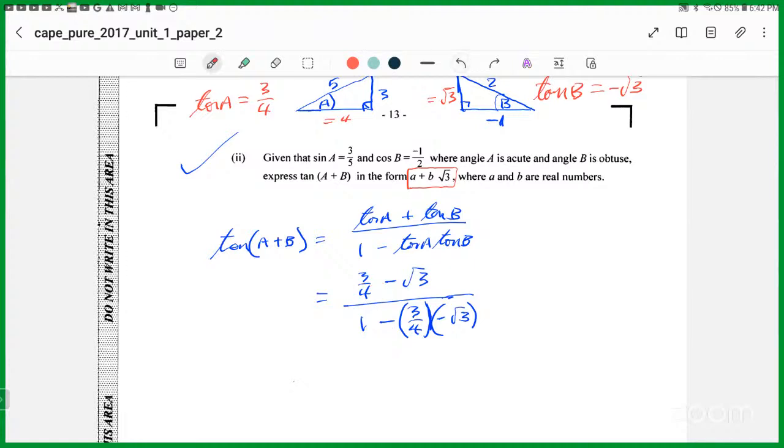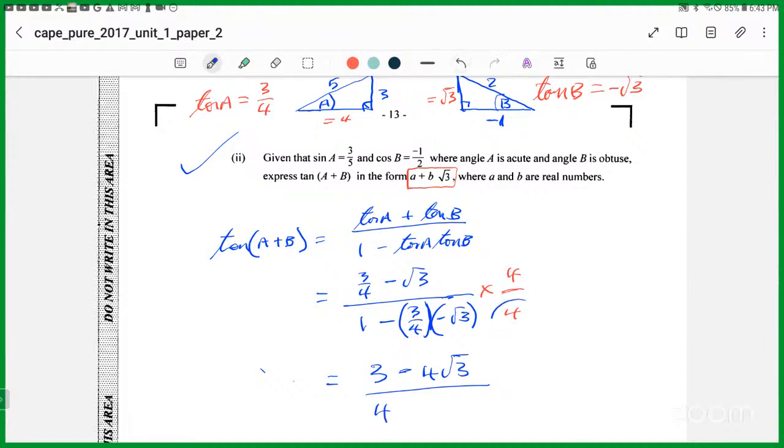So the 4 times this means that's 3, and the 4 times this gives me negative 4 root 3, divided by the 4 times this one, which is 4.